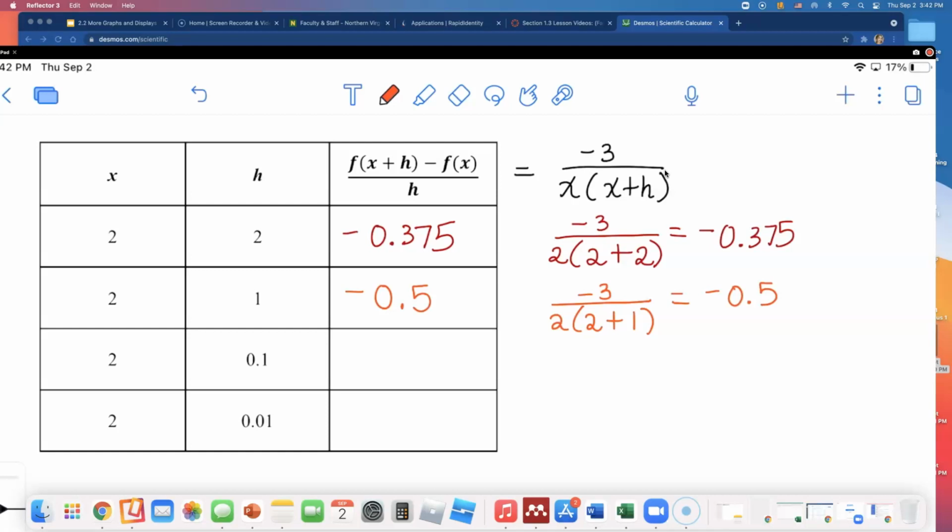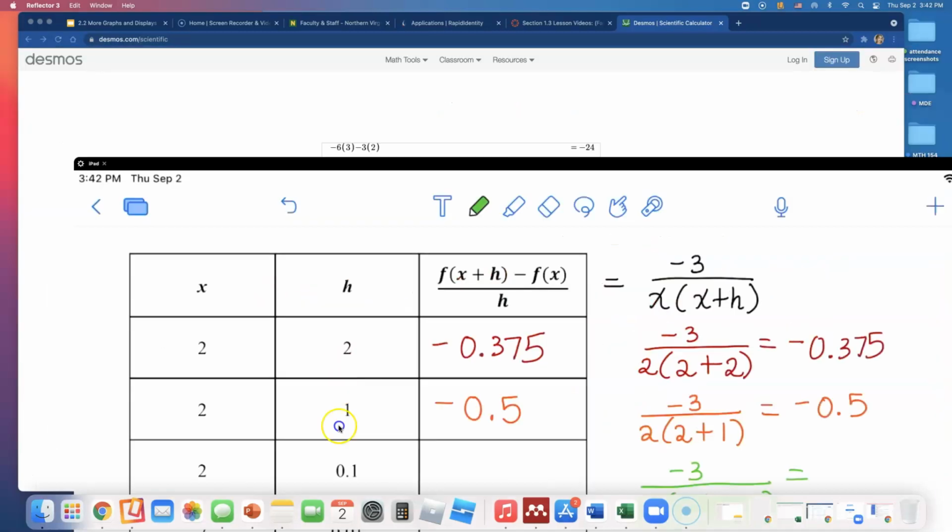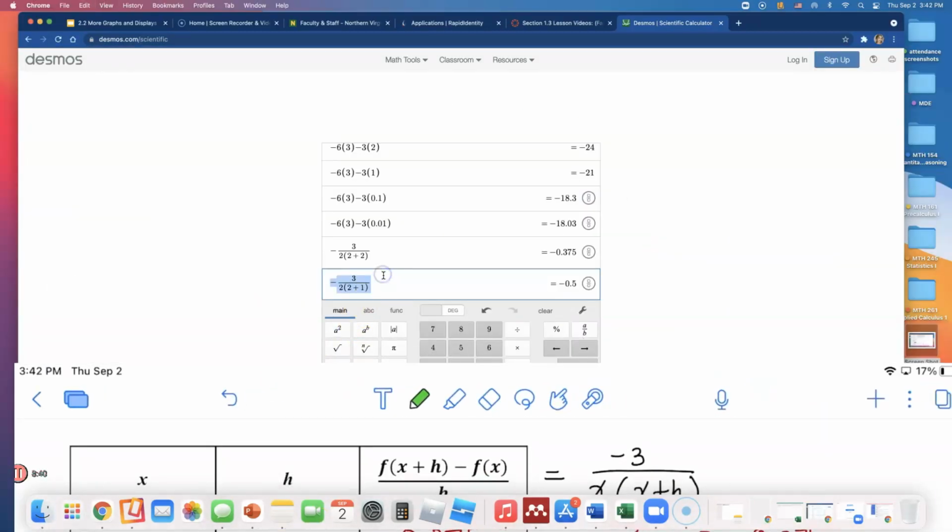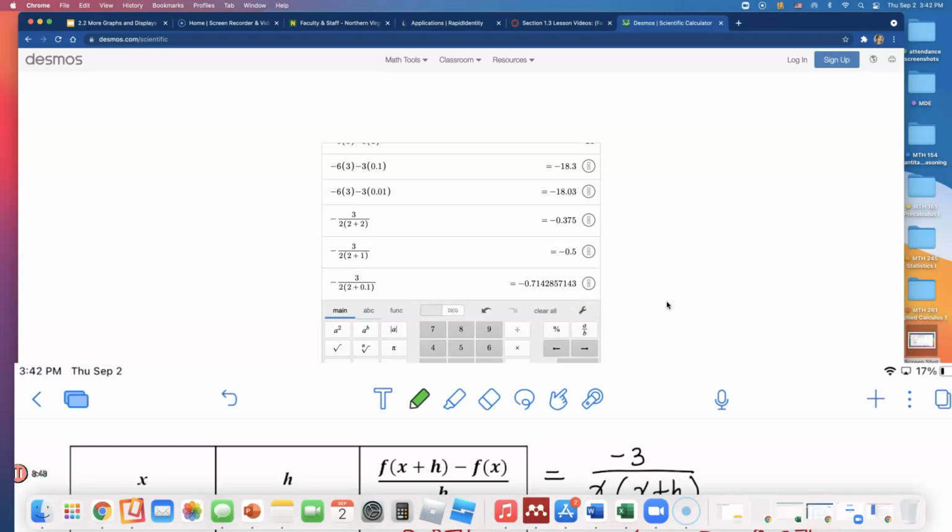All right, next number. What if h is 0.1? So that will be negative 3 divided by 2 times 2 plus 0.1. Right, going to my calculator, copying this and changing the number being added to 0.1, and that is negative 0.71428.